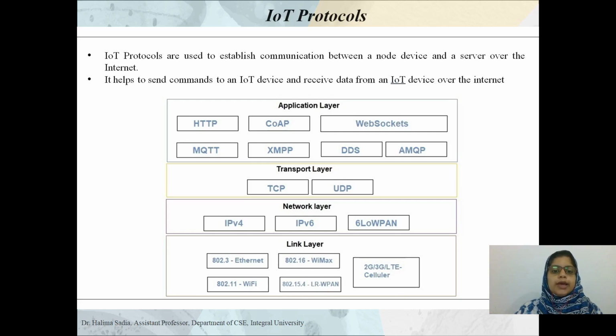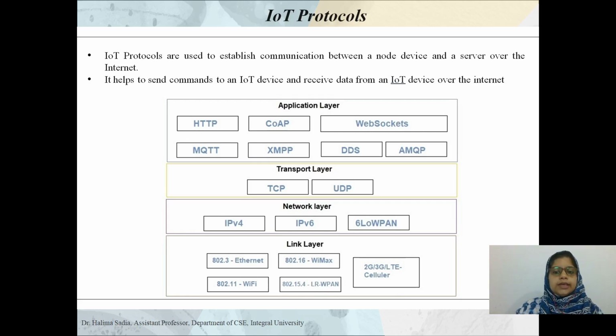IoT protocols help to establish communication between IoT devices, that is the node devices or the things that we have already elaborated upon, and the cloud based server over the internet. It helps to send commands to the IoT devices and also receive the data from the IoT device that is connected at the receiver end.